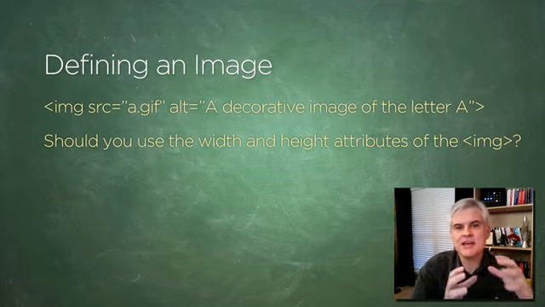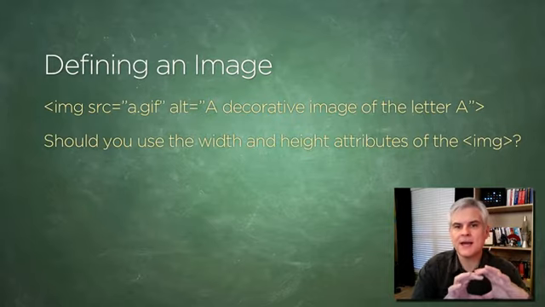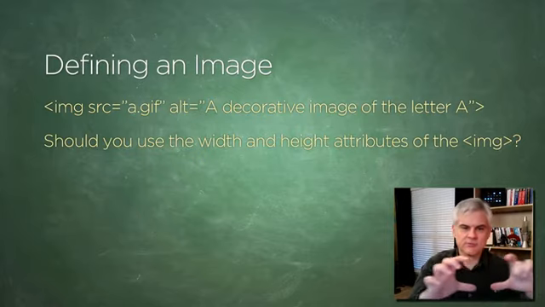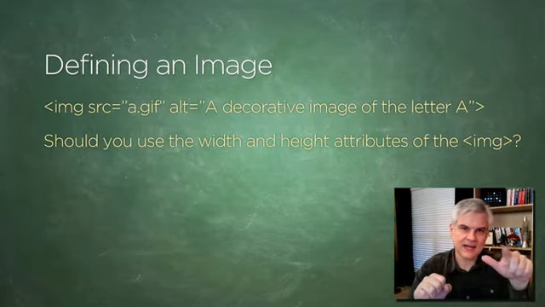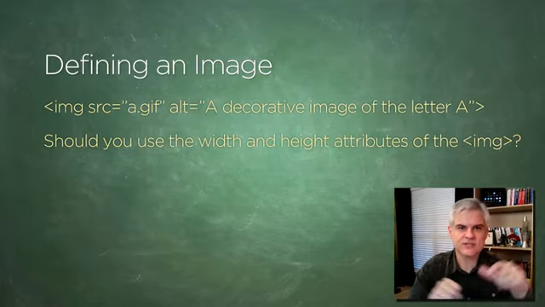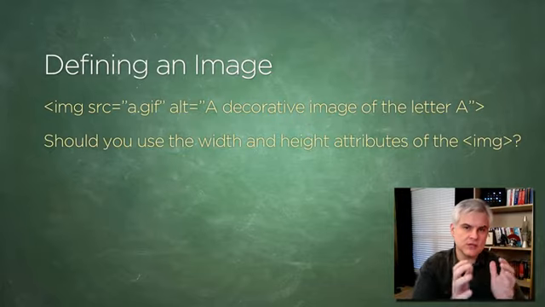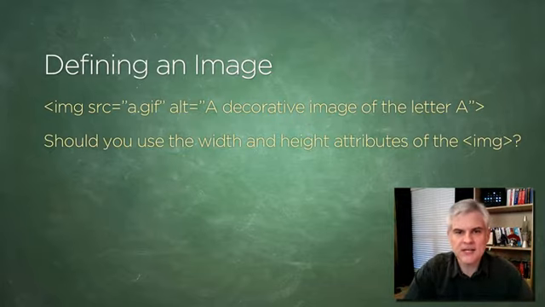Sometimes if the image can't be loaded for some reason, an empty placeholder will be represented by a large box with a little icon in the upper left hand corner with a little X through it, and if you have the width and the height, then it will use that to size that empty box appropriately.